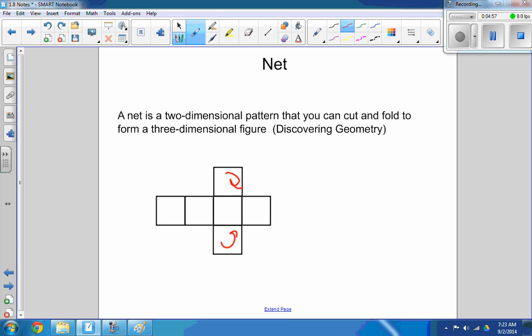This one I could fold up. This one I could fold up. So this, this, this, and this all become the sides. This is the bottom, and then when I fold this up as well, it becomes the top, and it creates a cube shape.